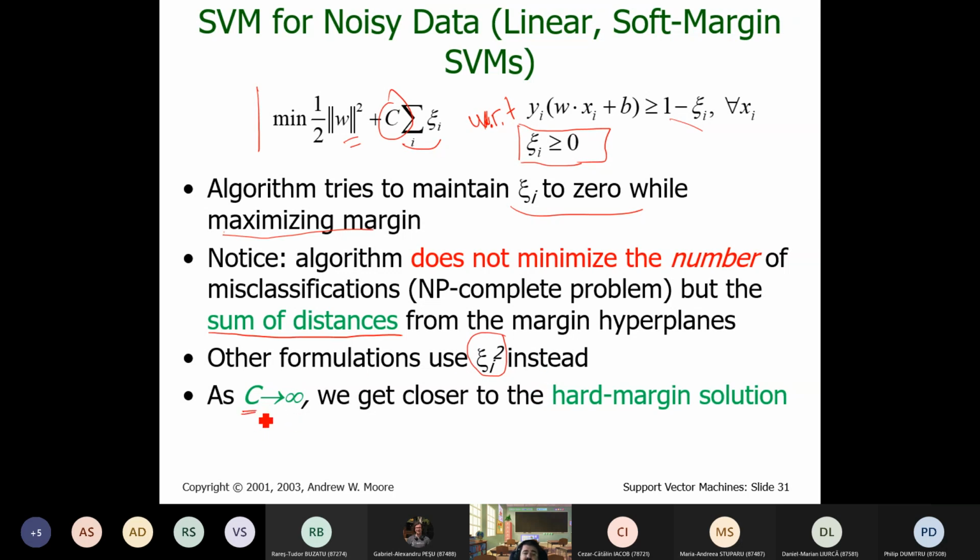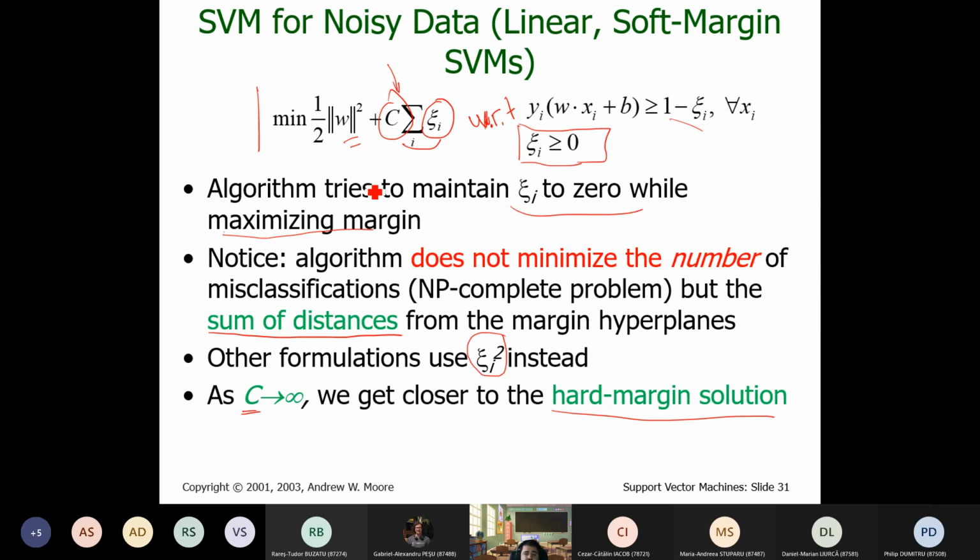If we increase the value of C, so if we put a lot of weight on the errors, on the xi's, as C increases, we obtain a formulation that is closer to the initial formulation of the problem, which is called the hard margin solution.